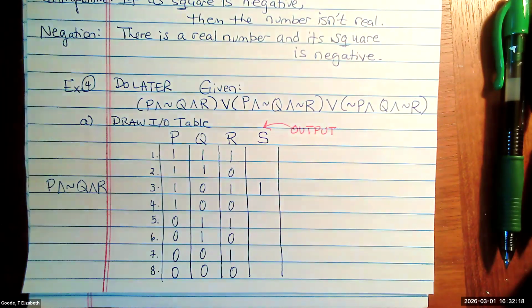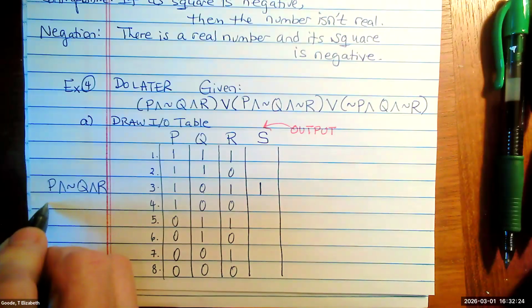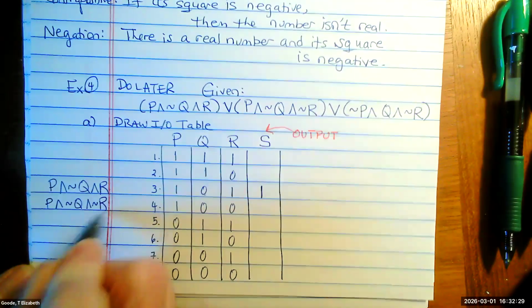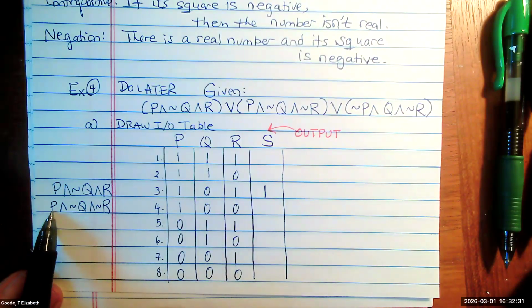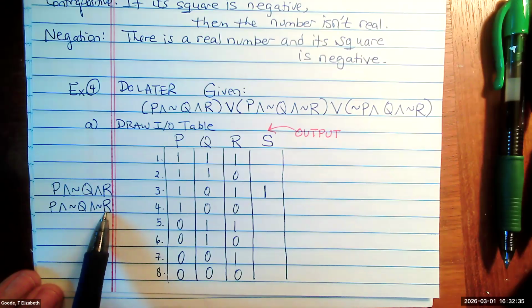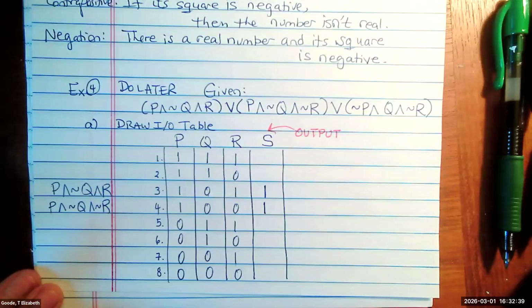It's an input row. Row 4? That's exactly right. P and not Q and not R. So when you have a hot wire for P and a cold wire for Q and cold for R, this circuit will produce a hot output.